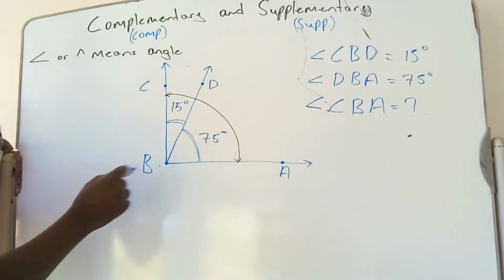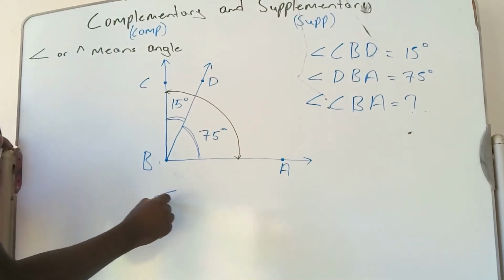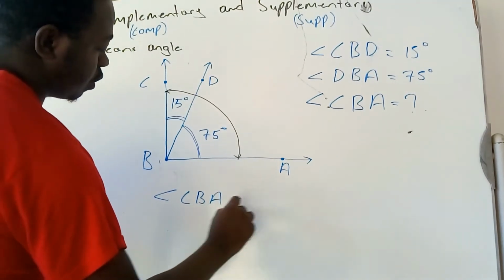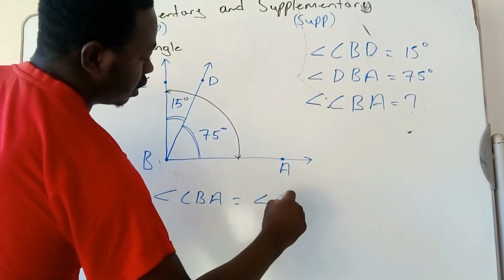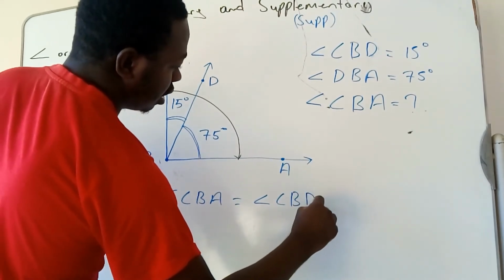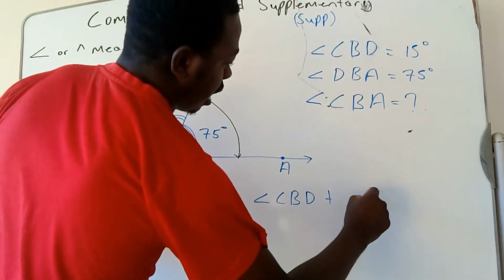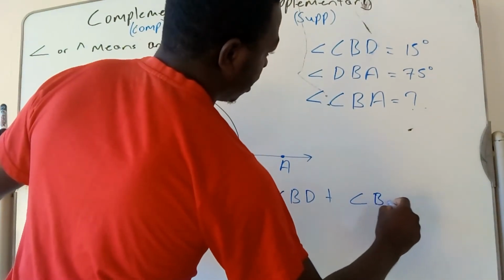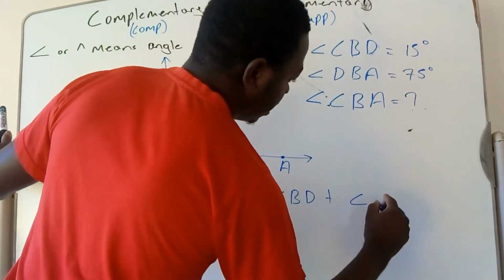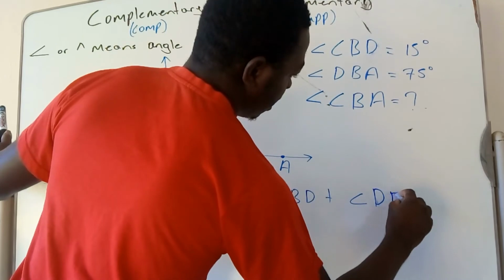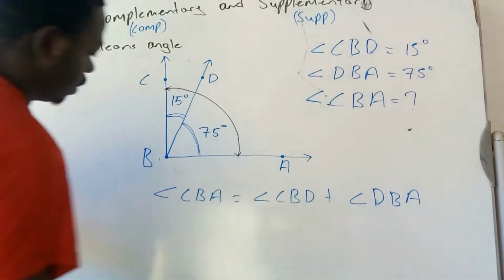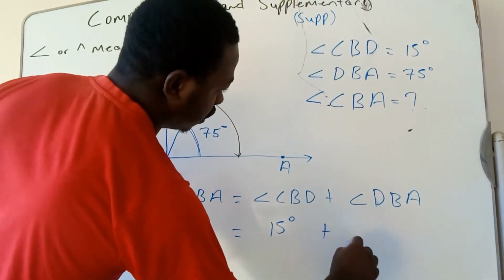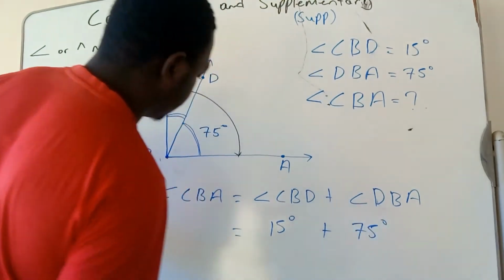So solving for angle CBA, we are saying that angle CBA is equal to angle CBD plus angle DBA, which is equal to 15 degrees plus 75 degrees.